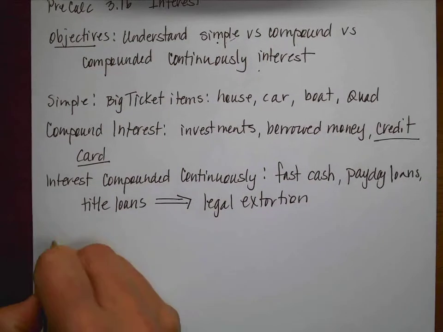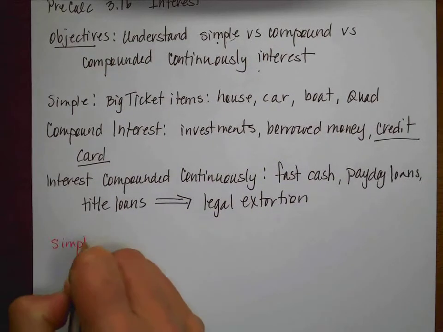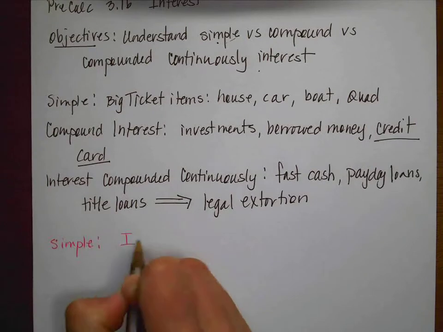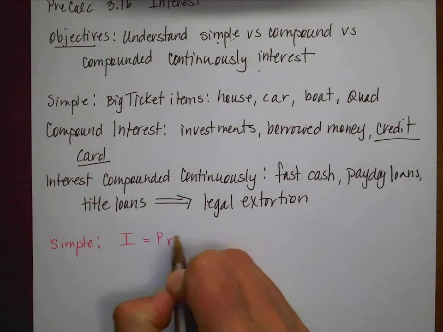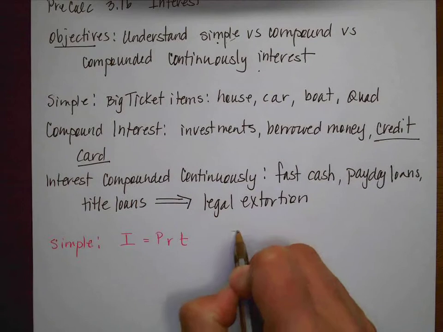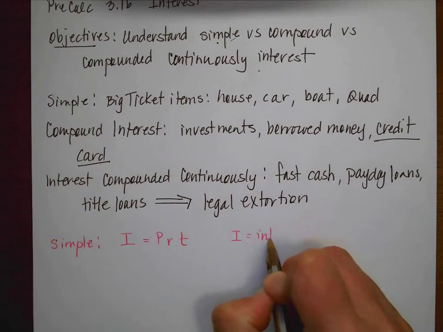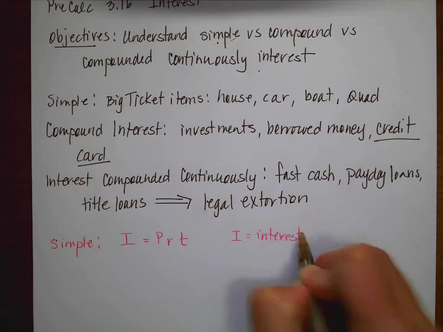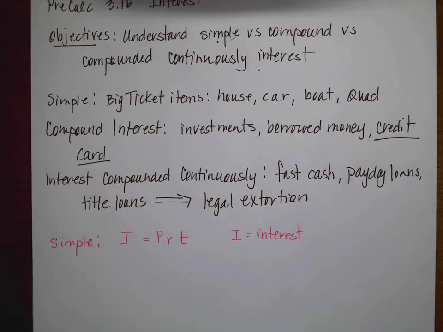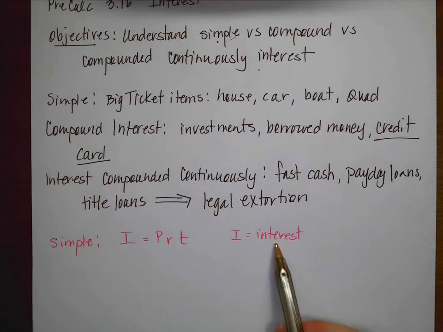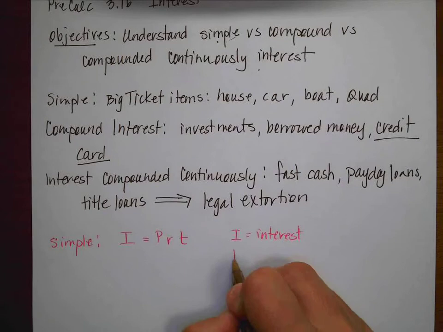So let's start by talking about simple interest. For simple interest, interest is equal to the principal, the rate, and the time. I is how much interest you're going to pay. If I use somebody else's money, I have to pay them for the privilege of using their money.